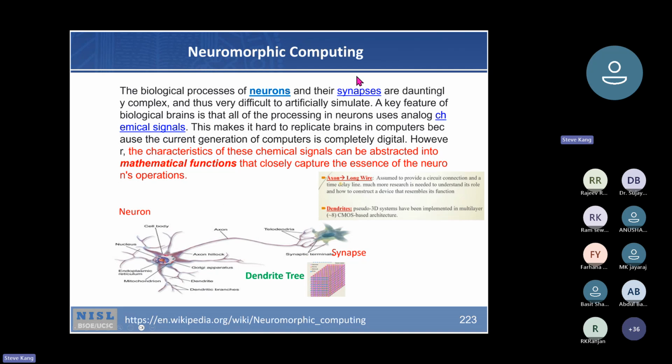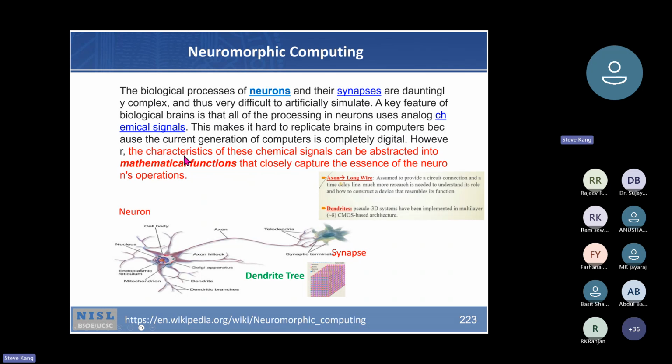So that is neuromorphic computing in that regard, but the biological process of neurons and their synapses is actually very complex. That's very difficult to artificially simulate. A key feature of a biological brain is that all of the processing in neurons uses analog chemical signals. This makes it harder to replicate brains in computers because the current generation of computers is completely digital.